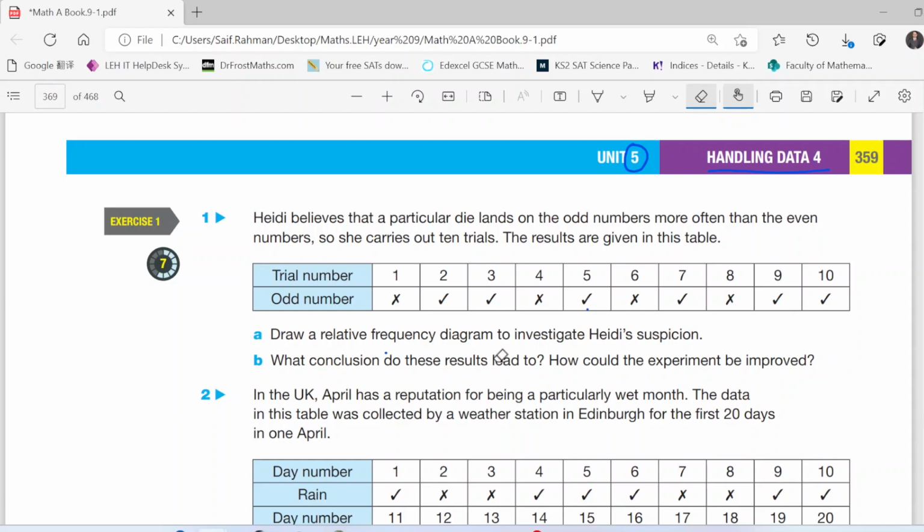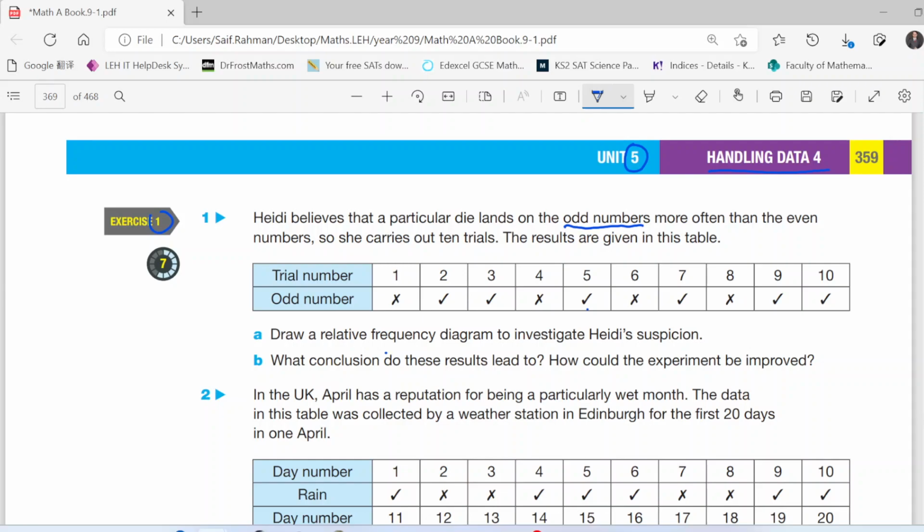The book is the IGCSE book, Unit 5, chapter handling of data, exercise 1. In this question it says Heidi believes that a particular die lands on the odd numbers more than the even numbers. So she carries out trials.